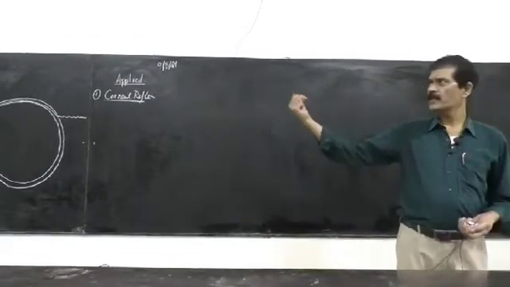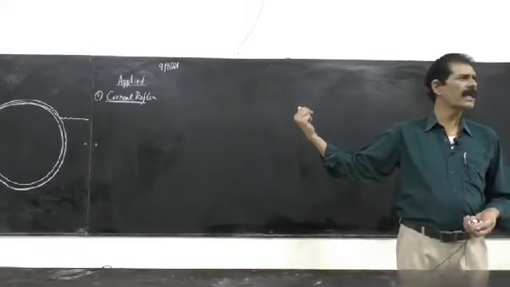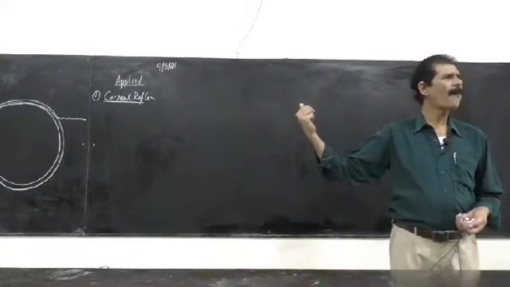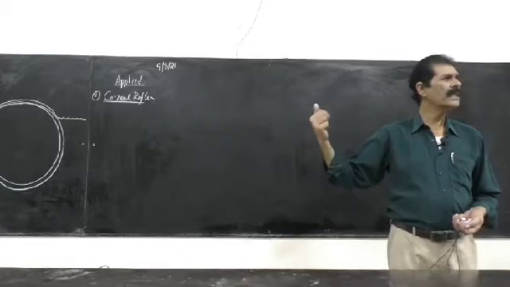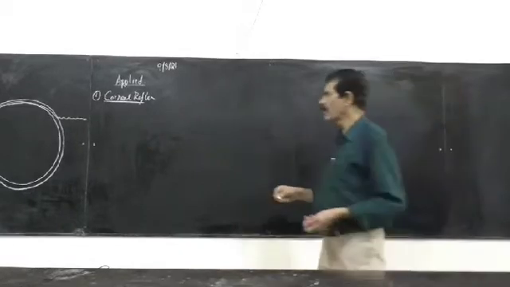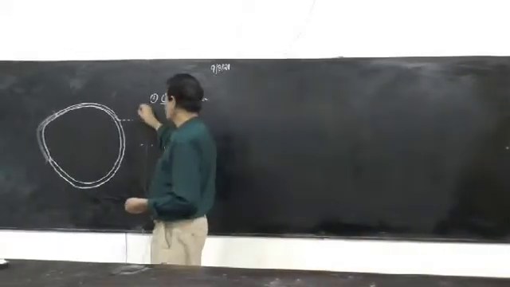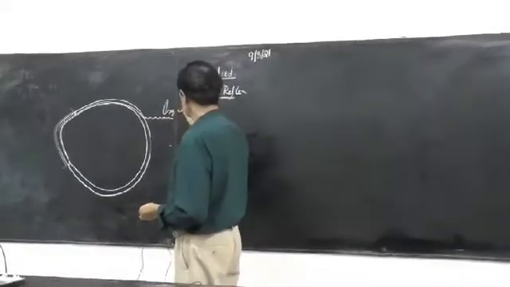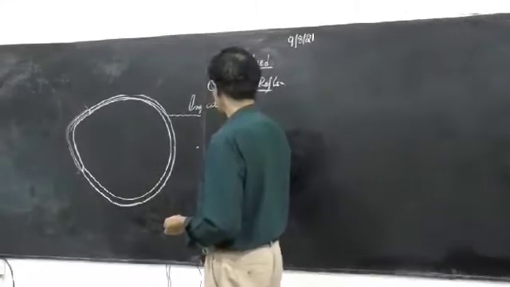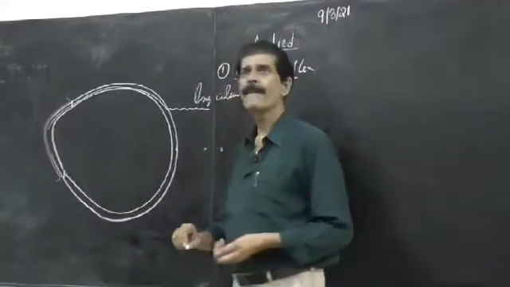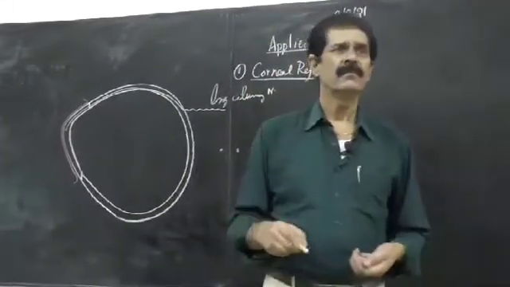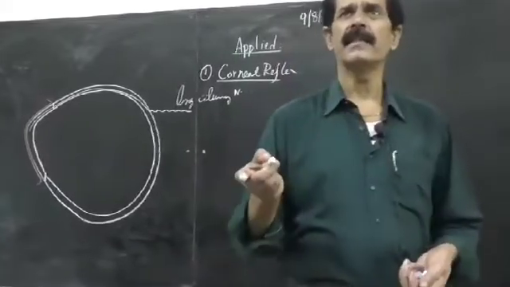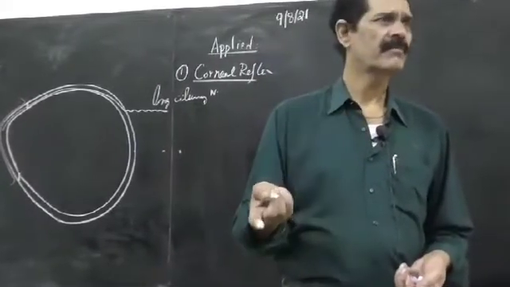So this nerve which is carrying the pain sensation from the cornea, what is the name of this nerve? Long ciliary nerve. Remember, long ciliary nerve. And this long ciliary nerve is the branch of which other nerve? Nasociliary. Both are sensory. Sensory means S for S.